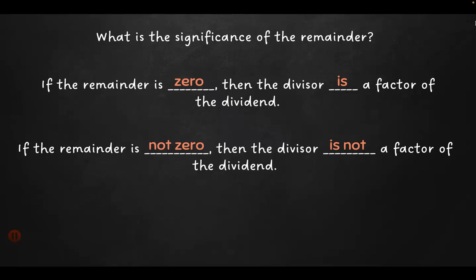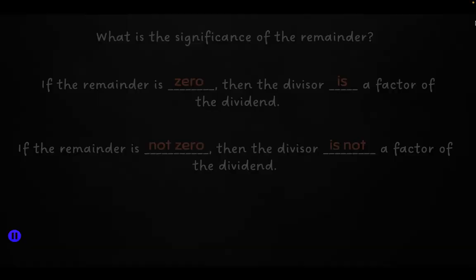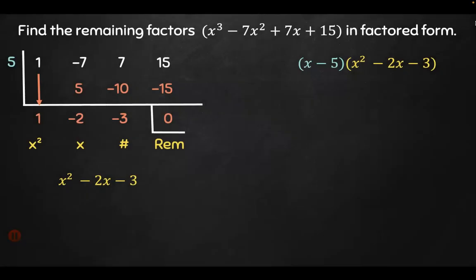So let's continue with the same problem, the one that was on the right, and I'm going to figure out the remaining factors. Remember that here I had the x squared minus 2x minus 3, so that was the answer. So I'm going to write that right here. The x minus 5 was the factor that I was originally dividing using synthetic division. So now if I want to write this in factored form, what I'm going to look at is the yellow.